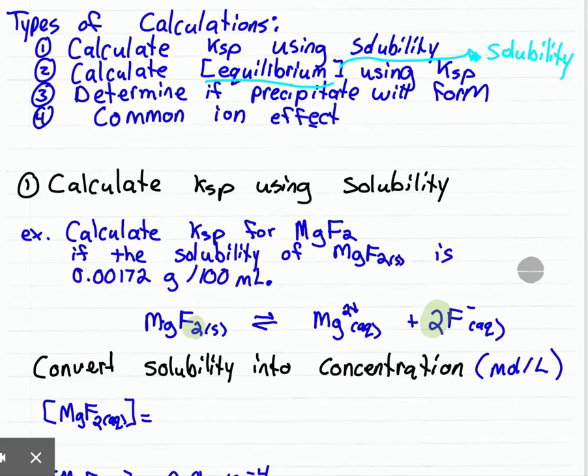We're going to take our solubility, which is 0.00172 grams over 100 milliliters, and convert it into moles per liter.